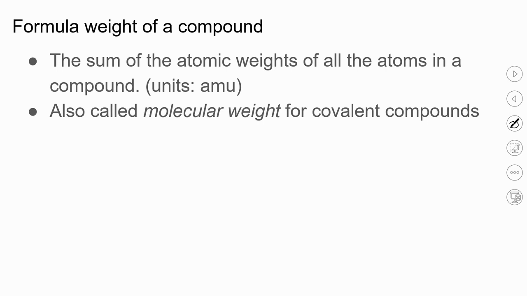Do you know where to find the atomic weight of each atom? Yep, on our periodic table, good. The little number that has decimals, that's the atomic weight. Each atom tells you how many grams you would need to weigh out to get 1 mole.